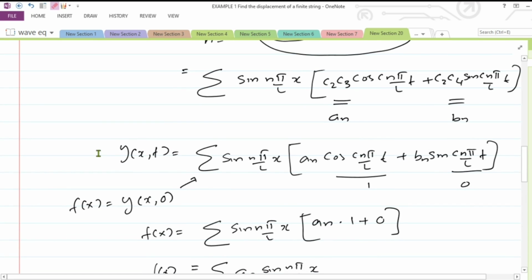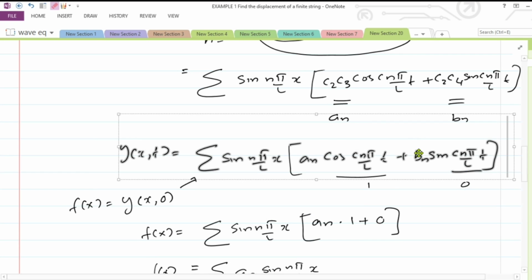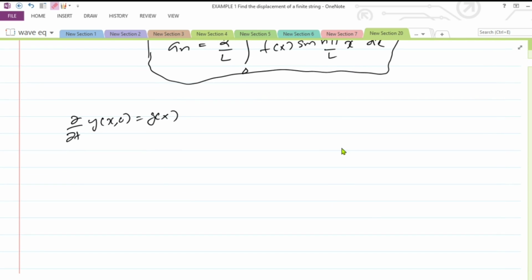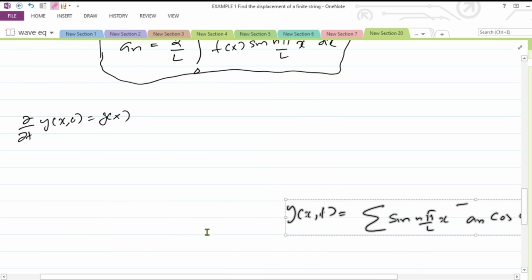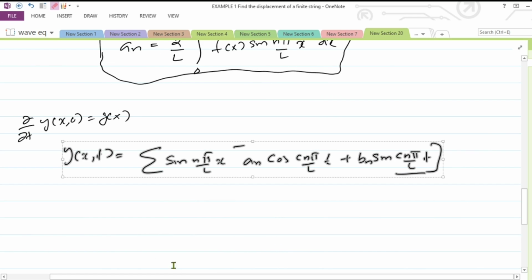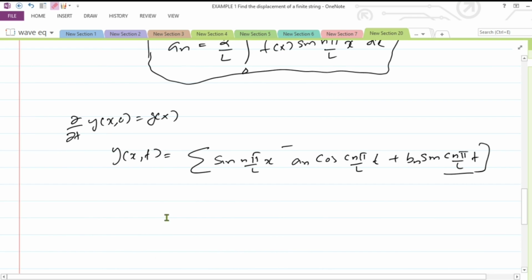So we start from here. We have y of xt equal to this particular expression. I'll copy this.